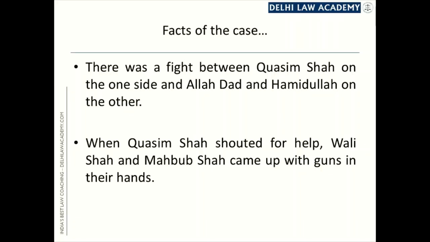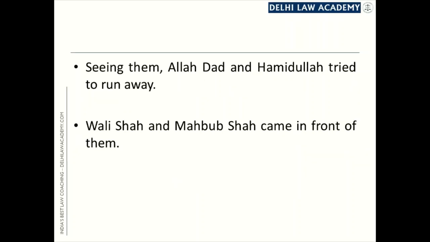Qasim Shah shouted for help. Two persons appeared on the scene with guns in their hands, Wali Shah and Mehboob Shah. So now, on the one side, Wali Shah and Mehboob Shah. On the other side, Allah Dad and Hamidullah. When these two persons saw them coming, Allah Dad and Hamidullah tried to run away.